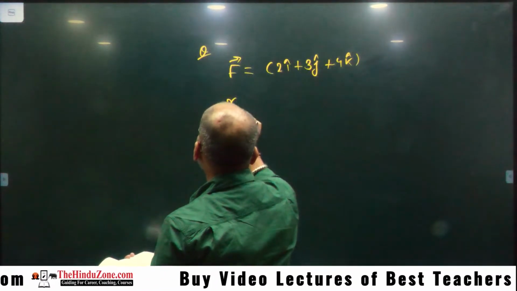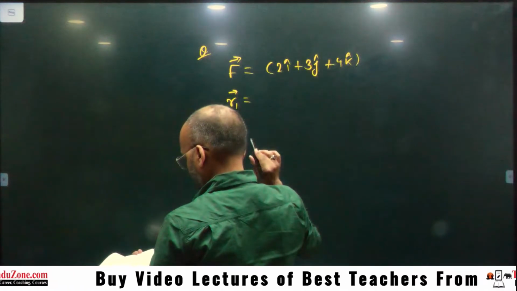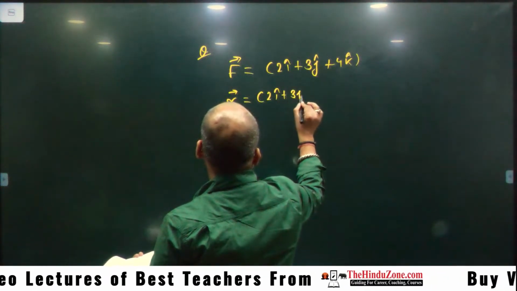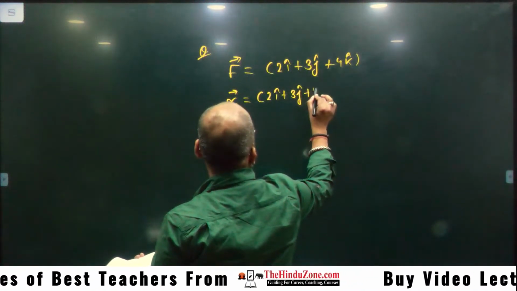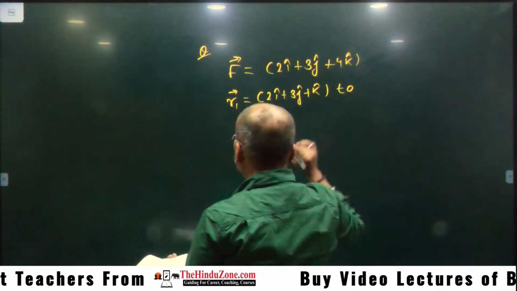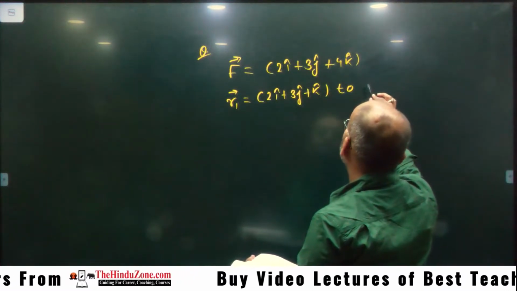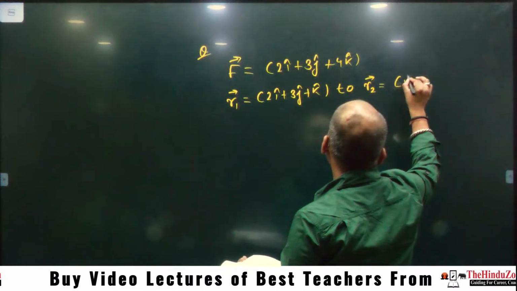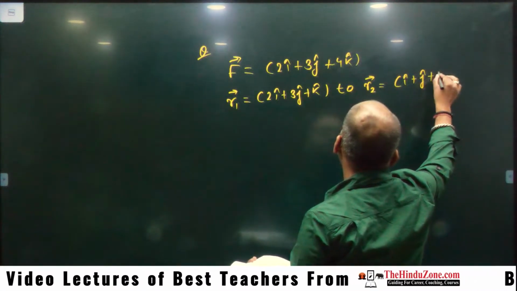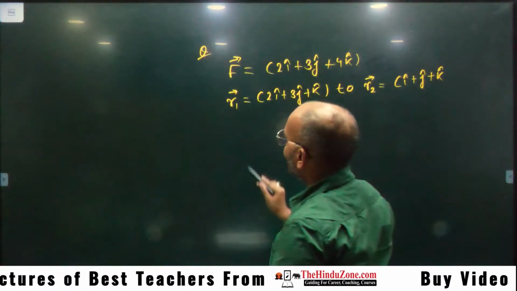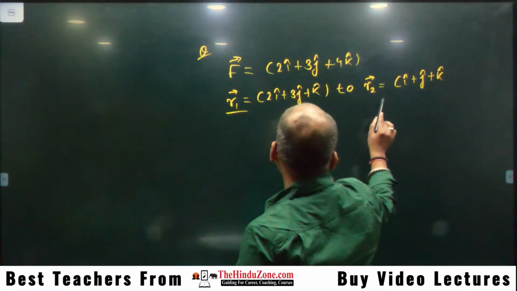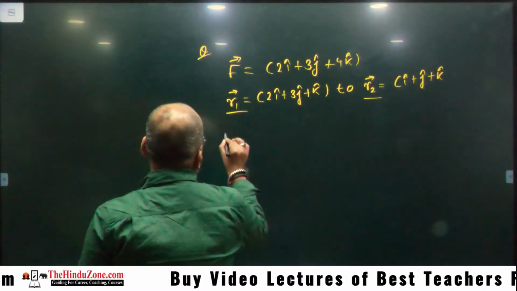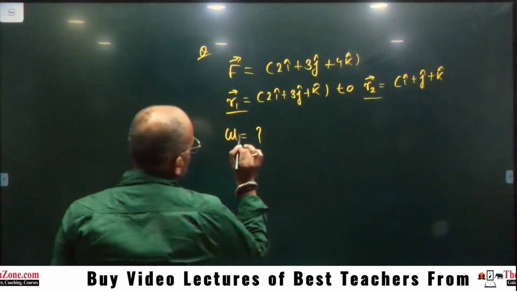And the body is displaced from the position 2i plus 3j plus k cap to i plus j cap plus k cap. So initially the body was at this position, now it is displaced to this position by the application of this much force. So you have to find out the work done.